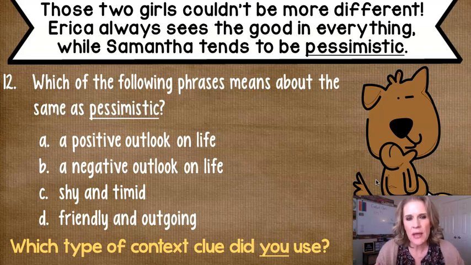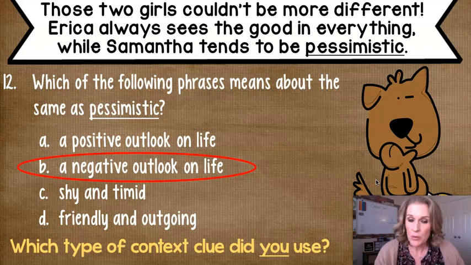So based on that, we can make a conclusion. So if Erica always sees the good in everything and Samantha doesn't, then we can come up with pessimistic, meaning a negative outlook, because she's the opposite of Erica. Which type of context clue did we use? We used an antonym or contrast context clue to help us figure out the meaning of the unknown word.